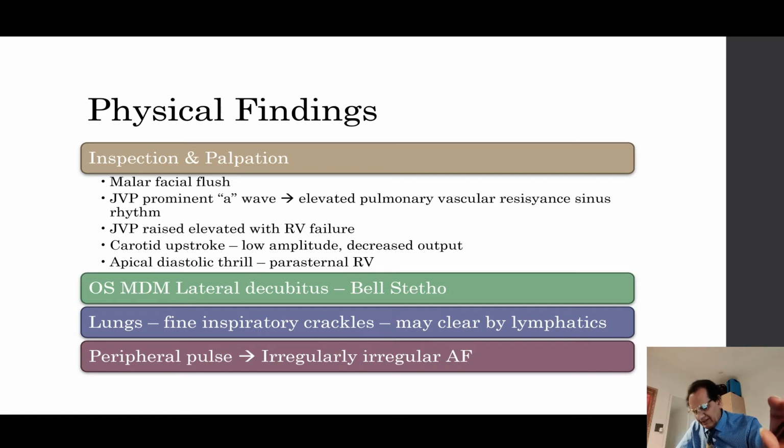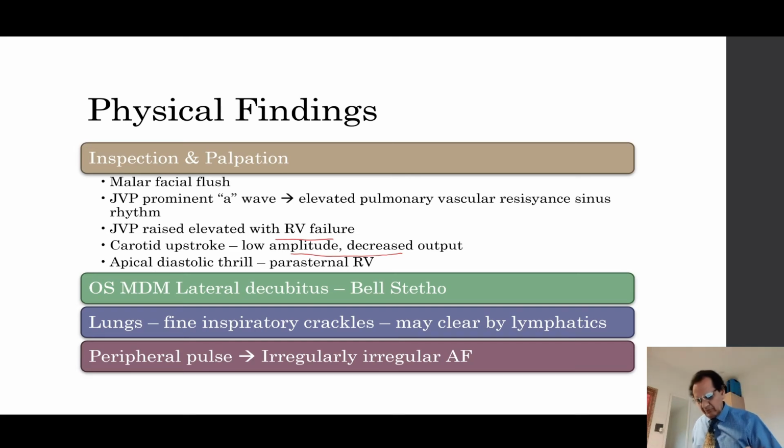Malar facial flush may not be seen, but it is there because of the low cardiac output. JVP prominent; if still in sinus rhythm, you see the A waves. JVP raised with RV failure. Of course, as we know, carotid upstroke is of low volume because of the low cardiac output.